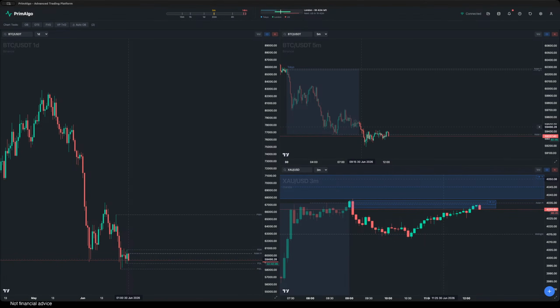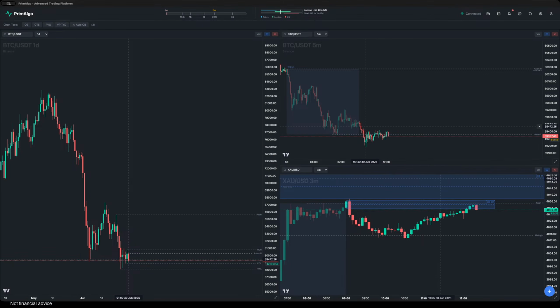Now it's starting again to come back to these levels, because there's a cluster which brought the level lower, right? So that cluster is really important. We need to close above this one.